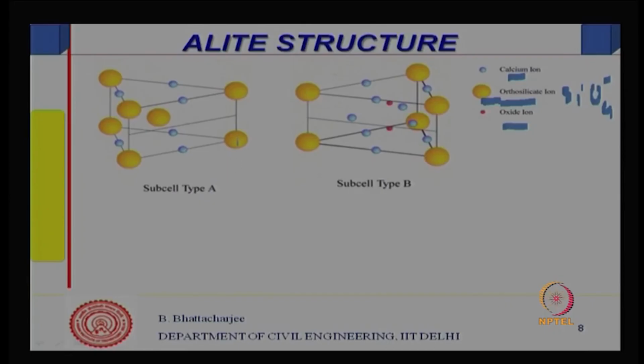So, this is your orthosilicate ion, the calcium ions, and in this one you have got oxygen ions, and this combines together to form full shells with subshells A, B, etc. So, C3S has got a structure of this kind, with small calcium ions and orthosilicate ion surrounding them in the manner as shown.